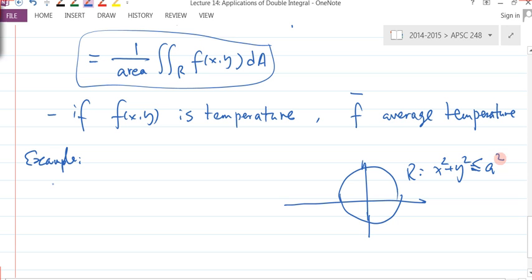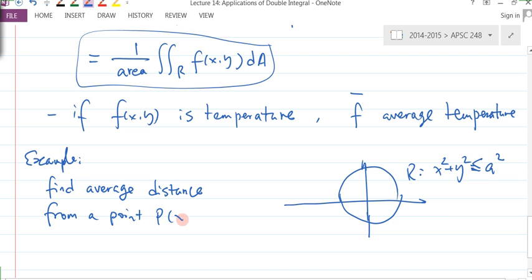Now what we want is to find the average distance from a point, any point inside R, to the origin.